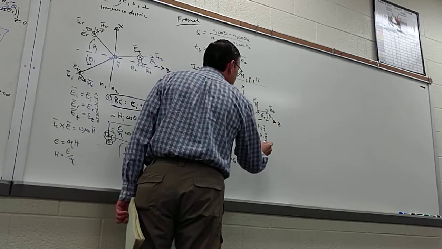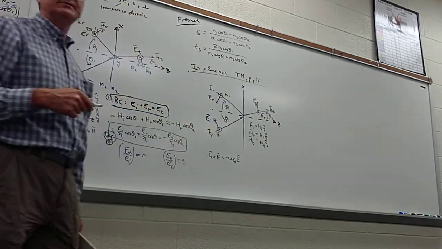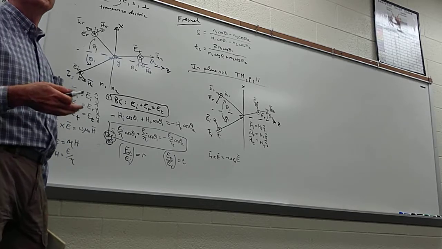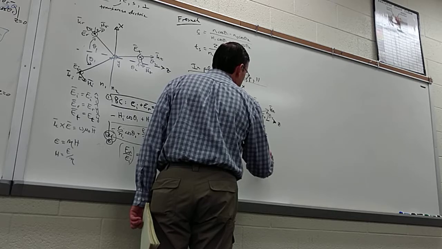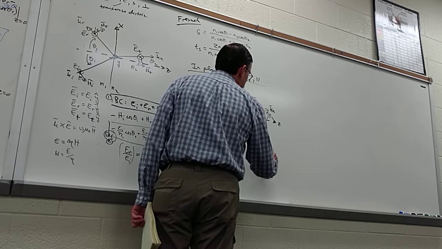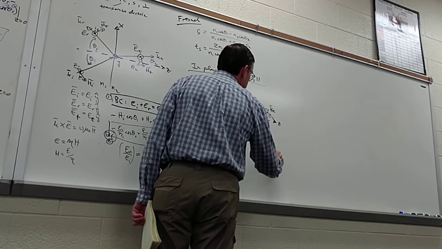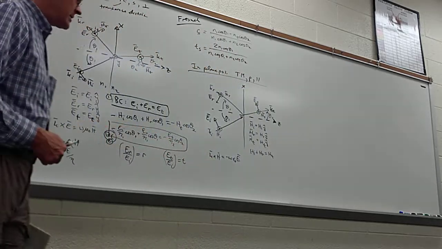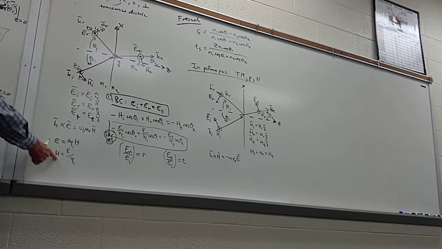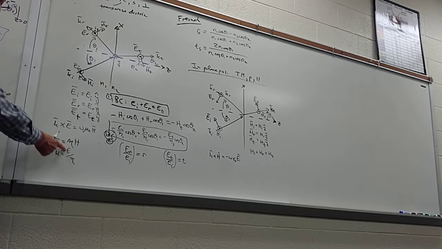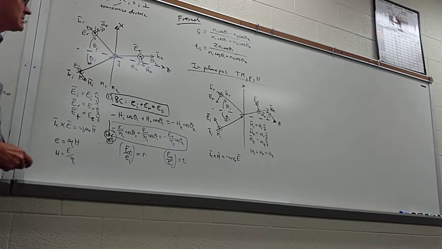Then the boundary condition for the transverse magnetic field is that it has to be continuous across the boundary. So we have that HI plus HR has to be equal to HT. And then we go back to this fact that H, the magnitude of the magnetic field, is equal to the magnitude of the electric field divided by the impedance.